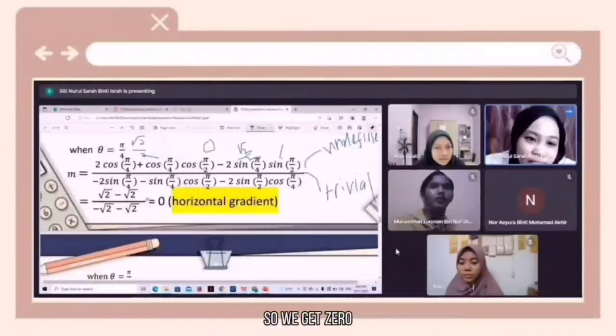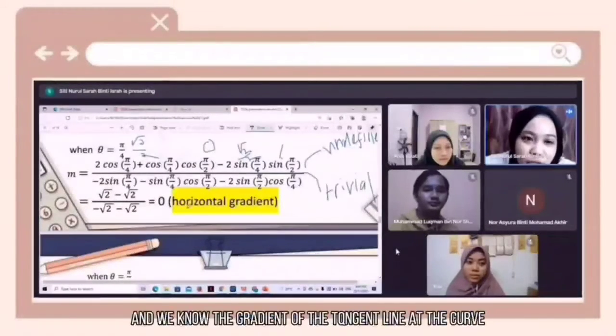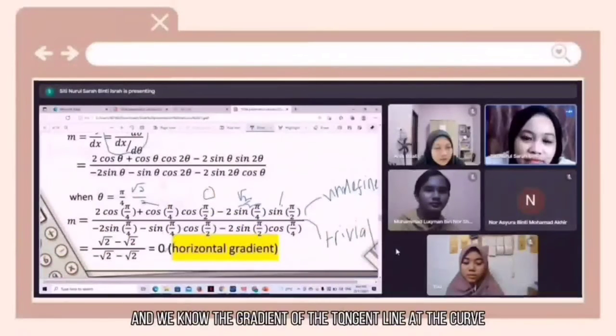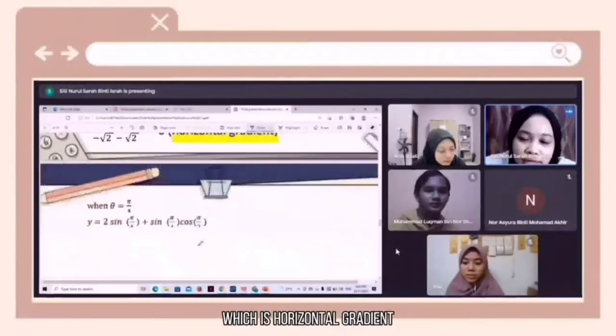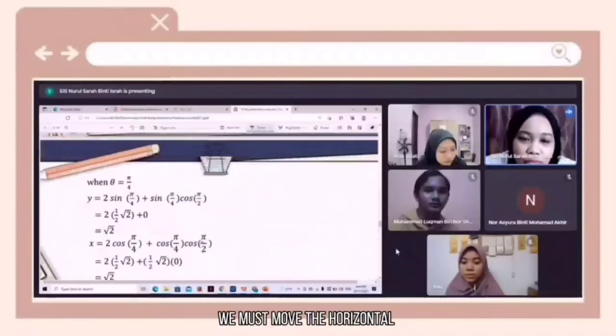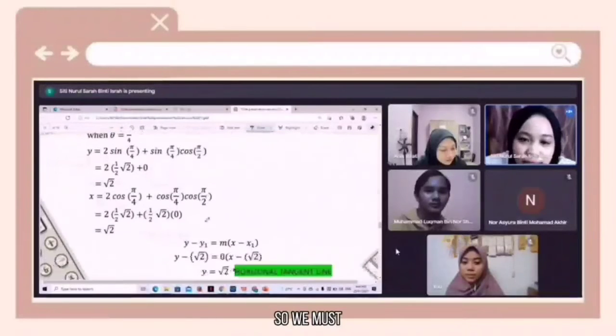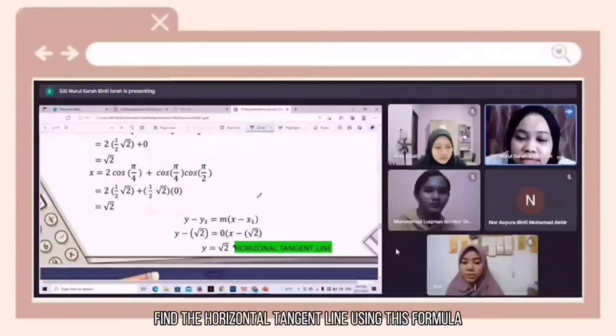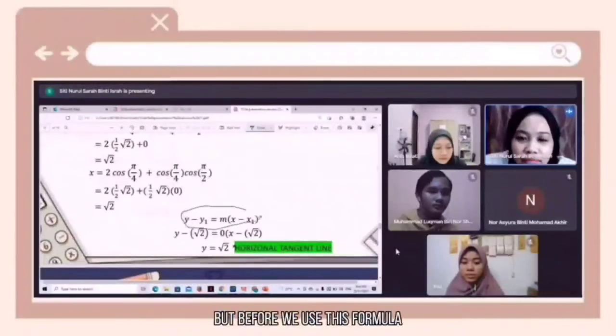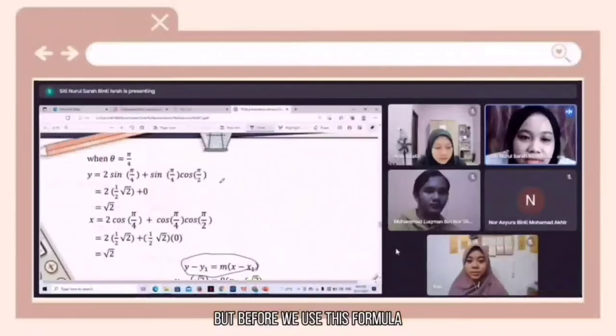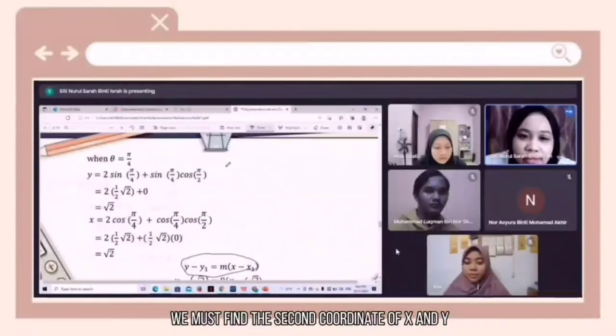So we get 0, and we know the gradient of the tangent line at the curve equal to 0 is a horizontal gradient. So we must find the horizontal tangent line using this formula. But before we use this formula, we must find the second coordinate of y.